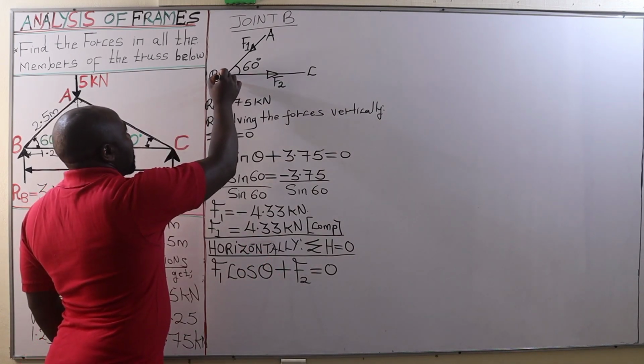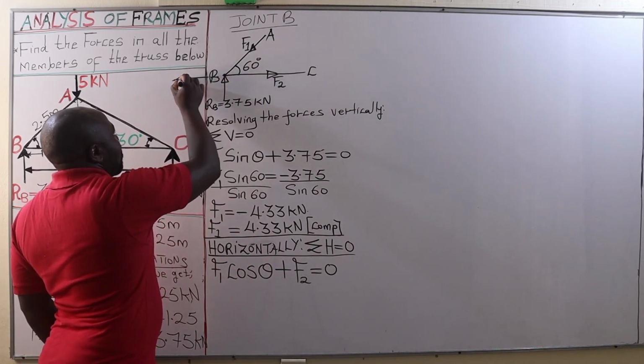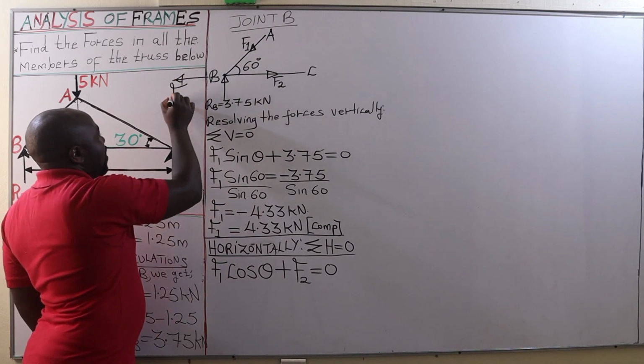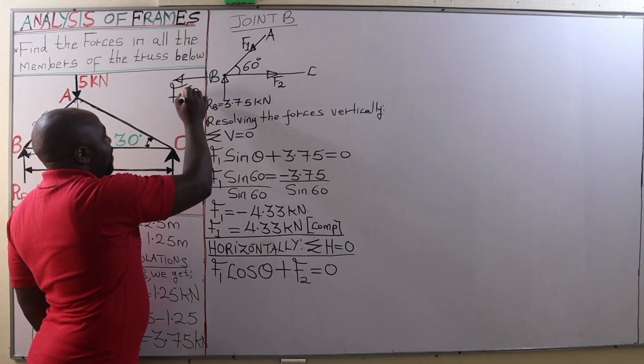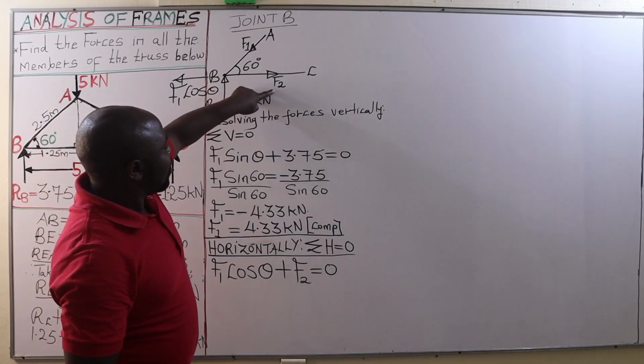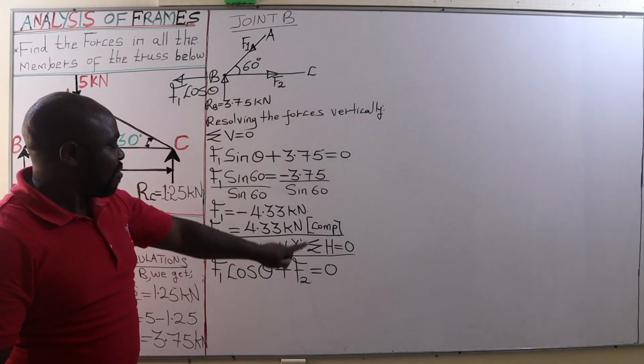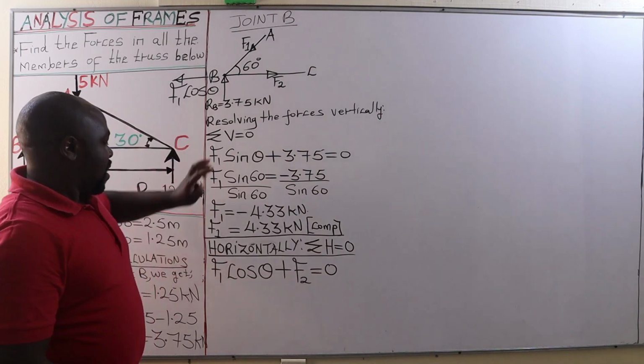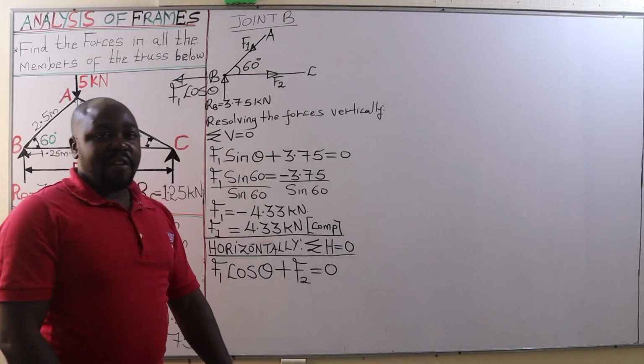Therefore, horizontally, we are going to have this force F1 cos theta plus this force F2 being equal to 0. Sum of all the horizontal forces.